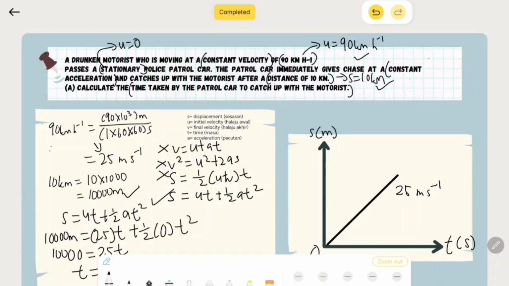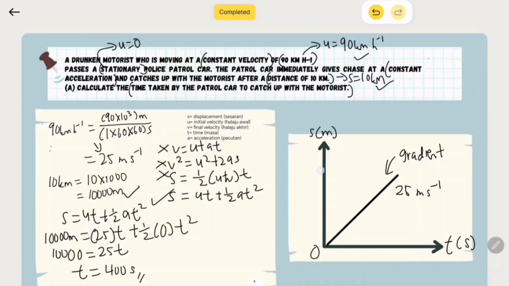To determine the velocity from the s-t graph, we need to find the gradient of the graph. So this is the s-t graph for this question, and here will be 10,000 meter, and here we find the 400 seconds. So that's all for this question.